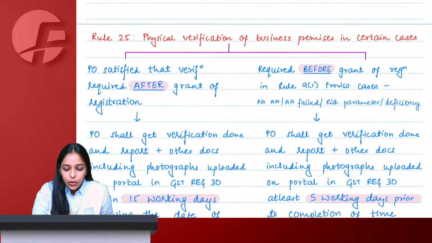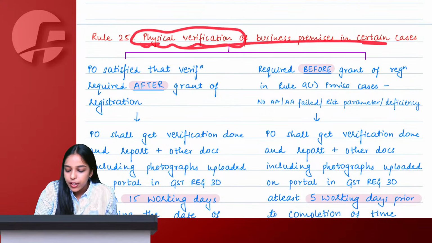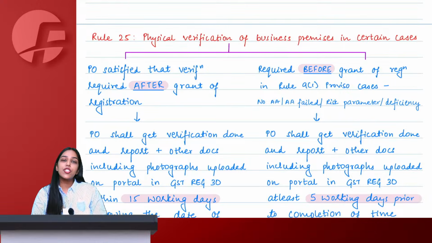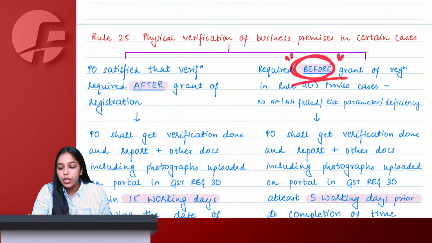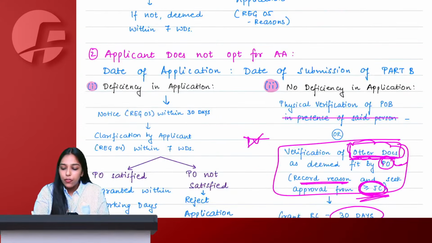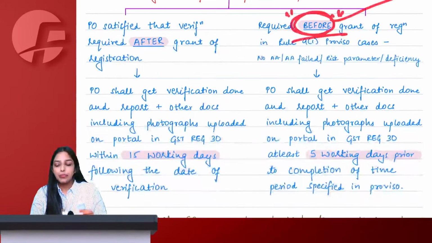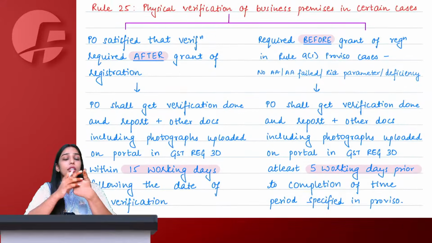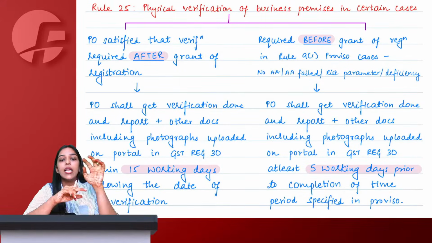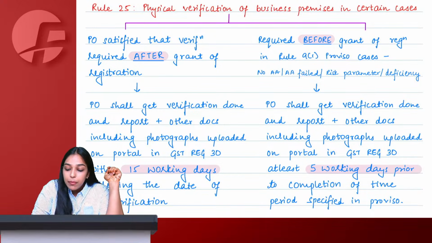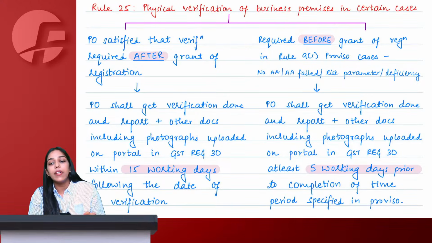Done, ma'am. Now talking about physical verification. Physical verification is possible in 2 cases. One, when we have to do it before registration. For all the cases where authentication has failed, you are not doing authentication, or you are identified on the common portal, then before giving you registration, we will have to undergo physical verification.